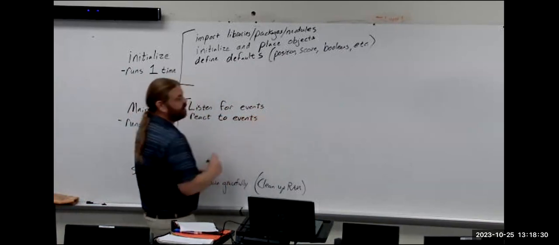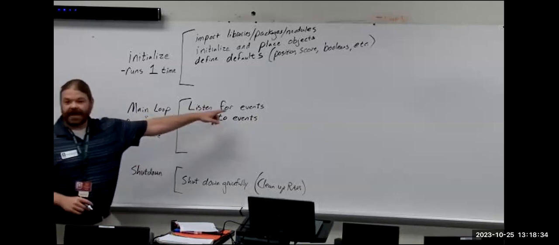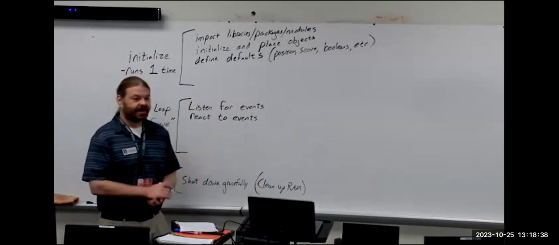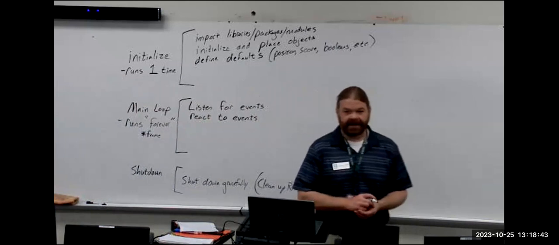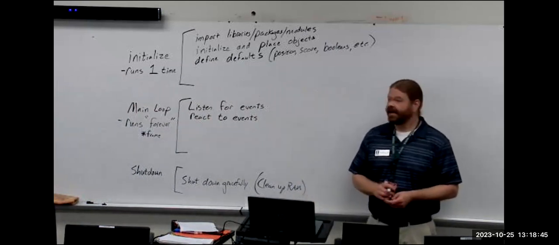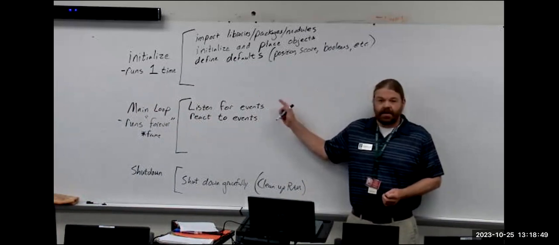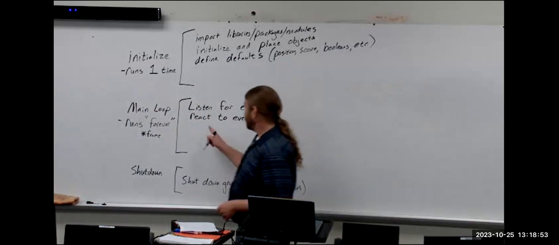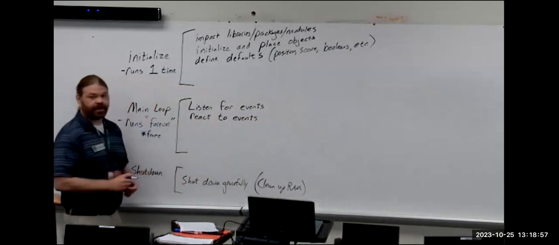Events being, for event-driven programming, that's anything that can happen. Press a keyboard, a timer runs out, the mouse moves, some audio event, the close button is clicked. An event is basically anything that can happen, anything the computer can detect. First thing, we want to check and see what events have happened. And then we'll need to react to any of those events appropriately.